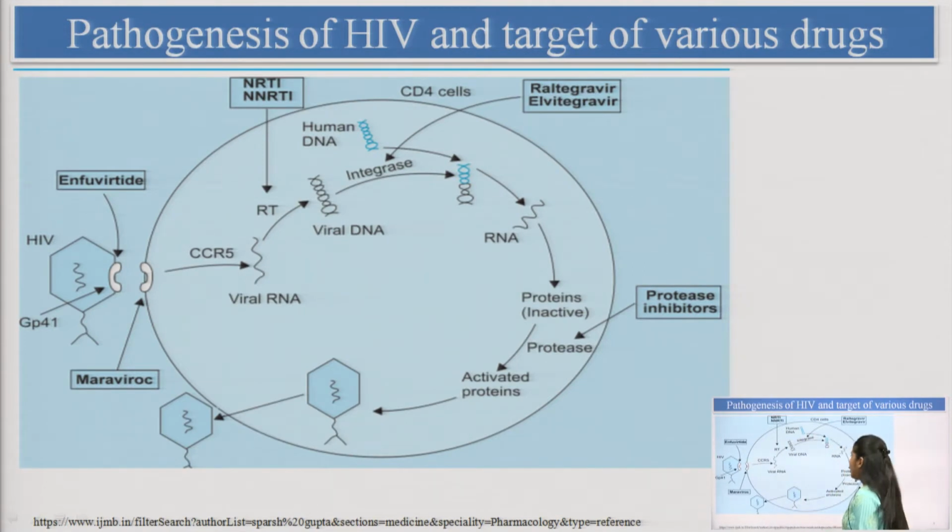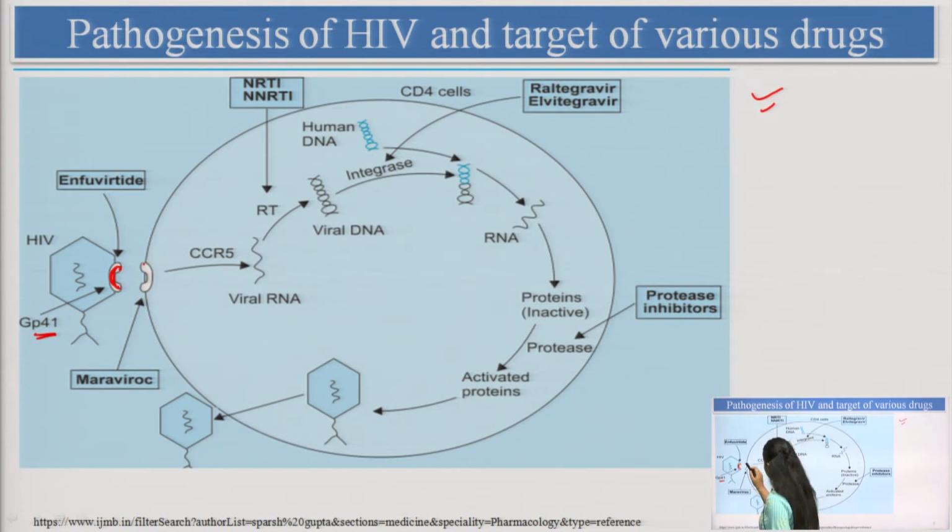Now, on the basis of these steps, there are drugs which act on specific steps. So now we will see the pathogenesis of HIV and the targets of various drugs. We are seeing here the virus and there is glycoprotein 41, one of the proteins present in the virus envelope.